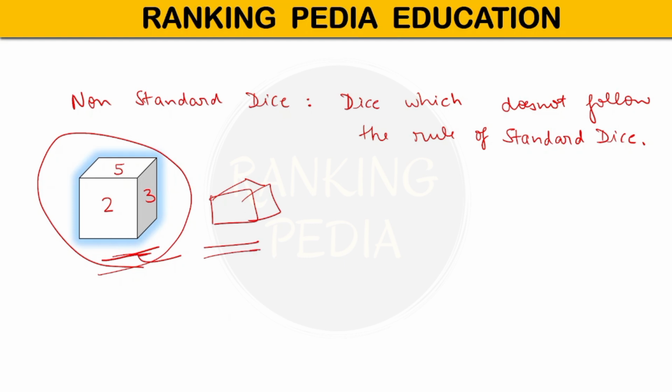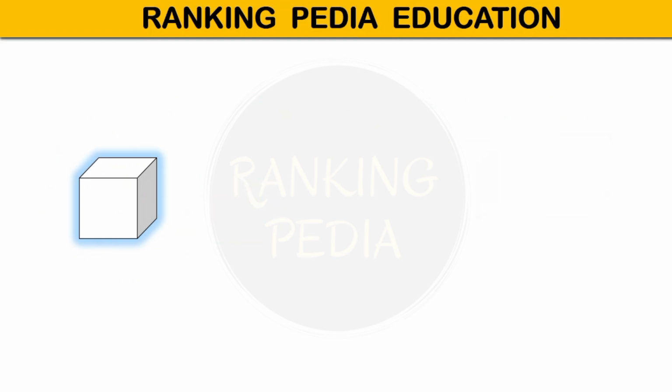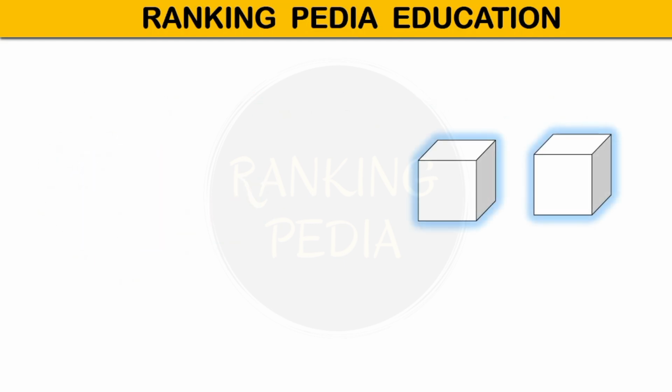Let us suppose these are two dice. Over here it is 6, over here it is 2, and over here it is 4. Here on the upper side it is 4, front side it is 5, and corner side it is 3.